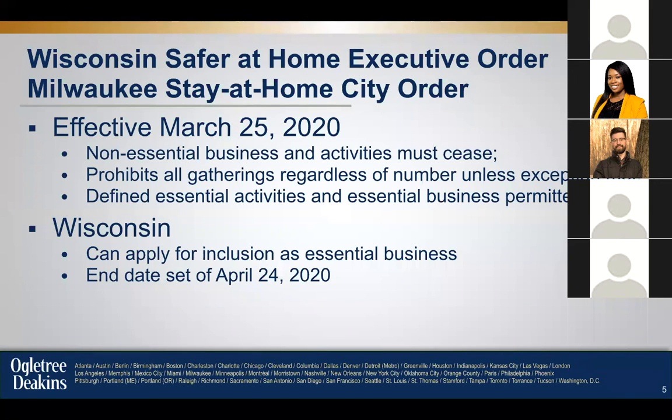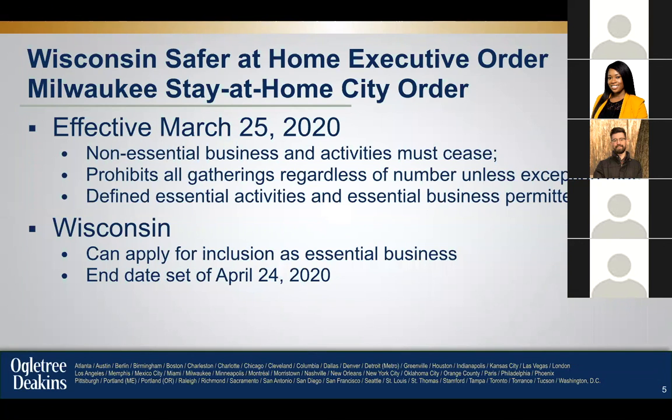The other big difference between these two orders is that the Wisconsin order actually provides an end date of April 24th, while the Milwaukee order does not provide an end date at this time. Now, the April 24th date was one that was set by the Department of Health Services, and the Secretary of Wisconsin Economic Development Corp has advised that date might change.